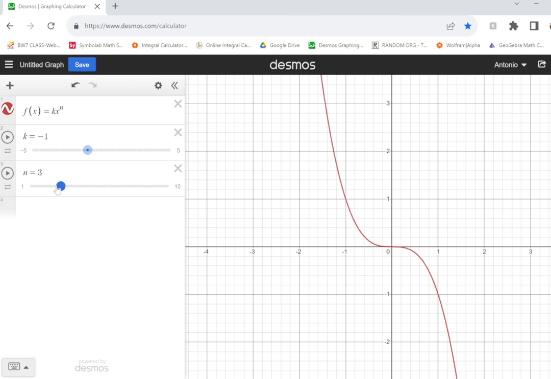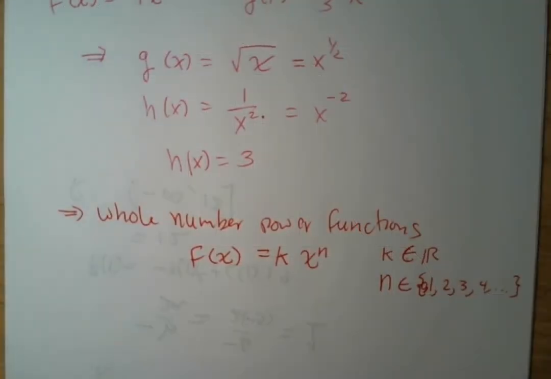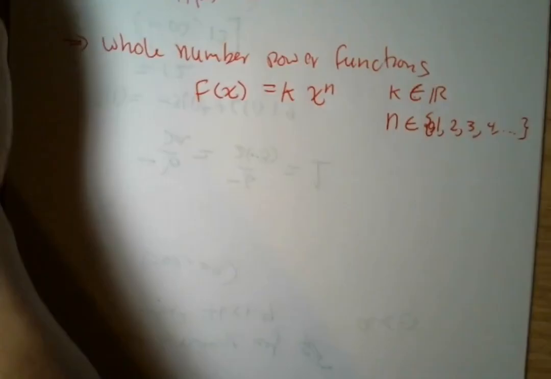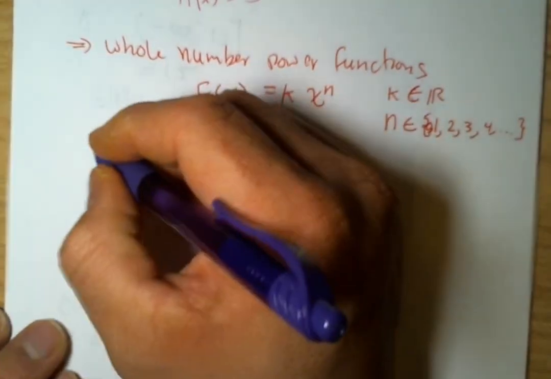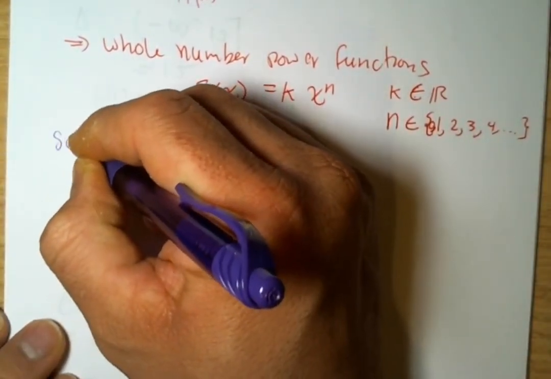Okay, so let's summarize this behavior for even and odd whole number power functions. Okay, so we have a summary here.